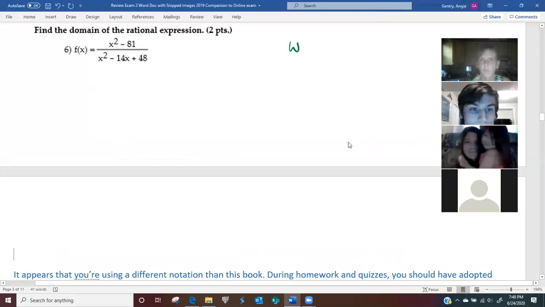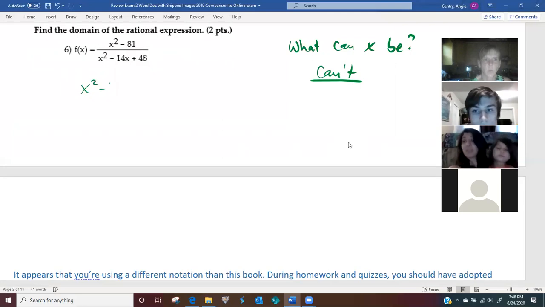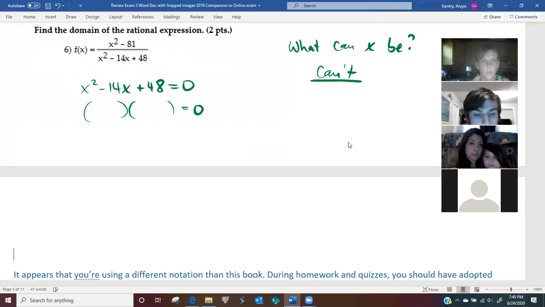But, you know, this is the what can X be? Or more importantly, what can't X be? Meaning you have to get rid of anything that causes a 0 in the denominator. So what you do is you set it equal to 0, which is kind of counterintuitive because I'm telling you the denominator can't be 0, but you have to set it equal to 0 and solve or factor it.